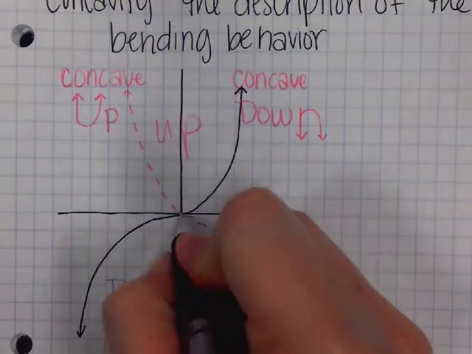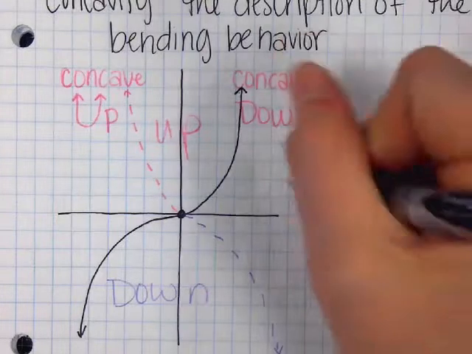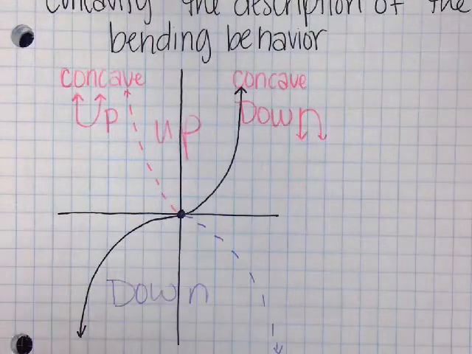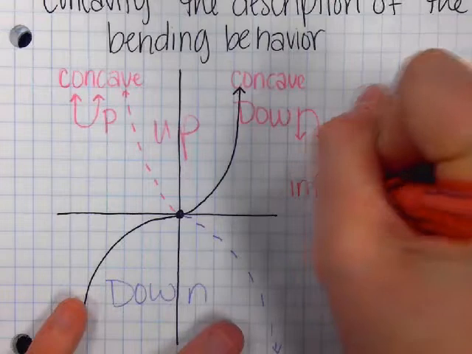That point at which it switches, so it switches right there from being concave down to being concave up, that is called an inflection point.